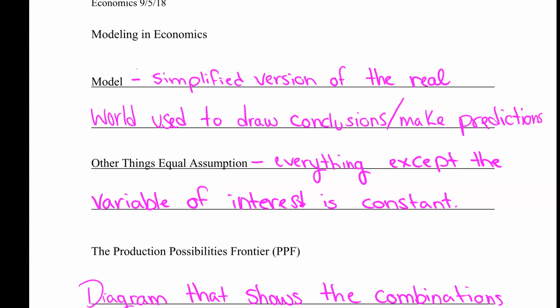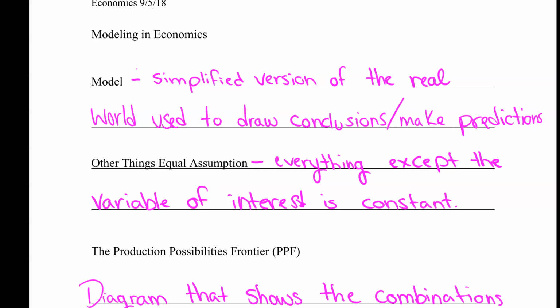So first we need to define what a model is. A model is just going to be a simplified version of some real world situation. So we're going to take something that's really complicated and has a lot of factors and boil it down to the most essential, make some assumptions, and then build a model and use that to draw some conclusions about what's happening in the world.